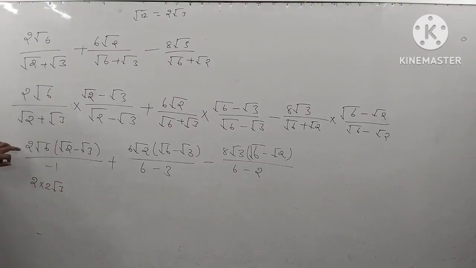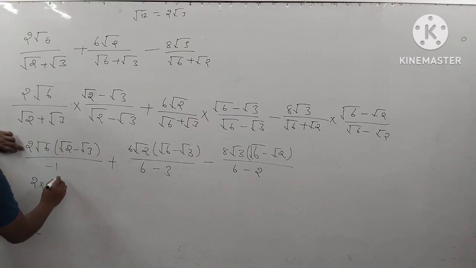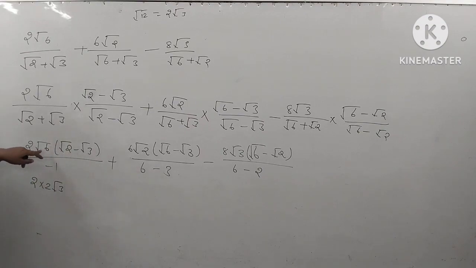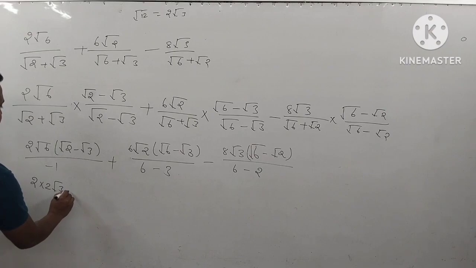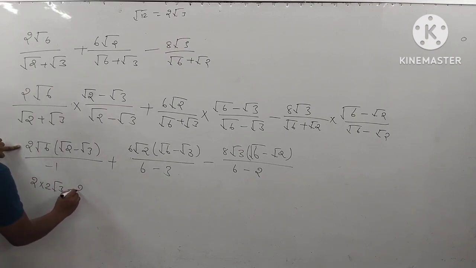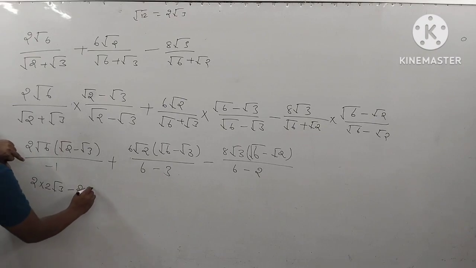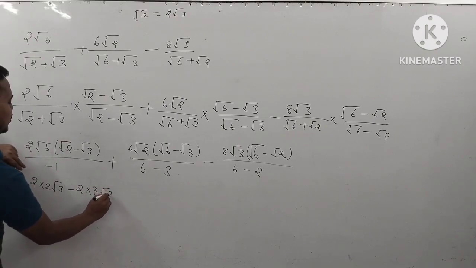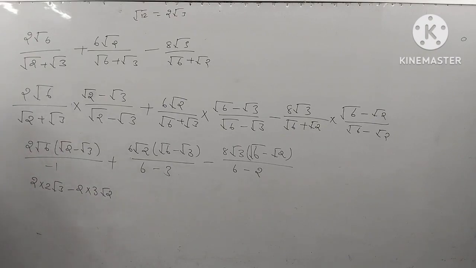Now 2 root 18: 6 times 3 is 18, and 3 times 3 is 9 times 2 is 18. First of all, plus into minus is minus, and 2 ones are 2, and also 3 times 3 is 9 root 2, 9 times 2 is 18.